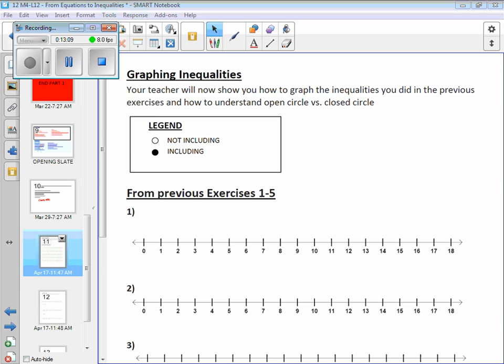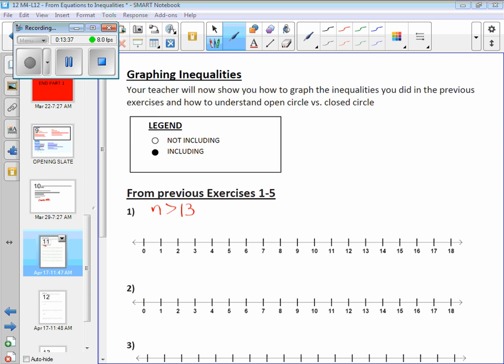So watch. All I'm going to do for exercise 1 is copy down what n was in the very first exercise. So if you go back to page 4, problem 1, it was n is greater than what? What was the answer? I'm just going to rewrite it. And now I'm going to show you how to graph it.